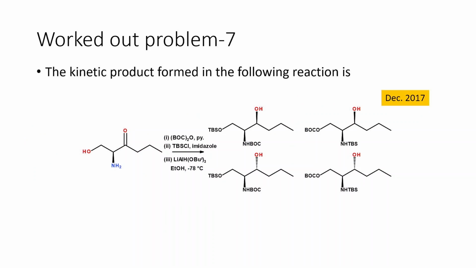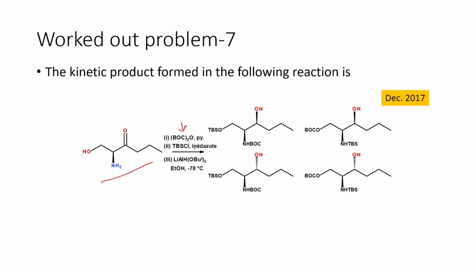Here, the kinetic product formed in the following reaction. We have a starting compound, an amino alcohol, and we have to find out what reaction this amino alcohol will undergo. Three different reagents are given. One is Boc anhydride in the presence of pyridine, that is reaction number 1.